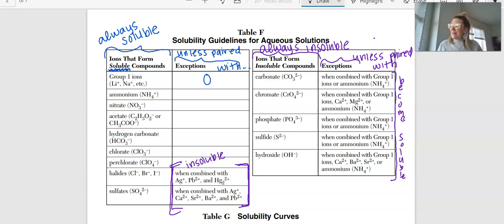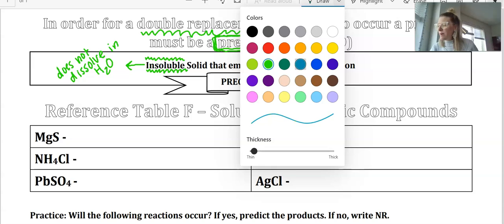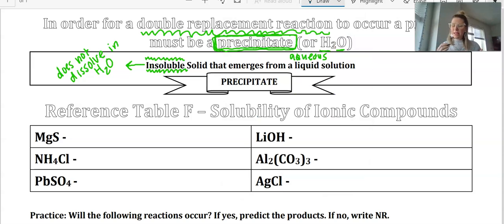So a lot of rules here, and we'll talk about using them now. Let's flip back to our notes sheet and practice using reference table F to determine the solubility of ionic compounds. When I am using this reference table, I like to look first at my first ion and ask, is there a rule specifically about magnesium?